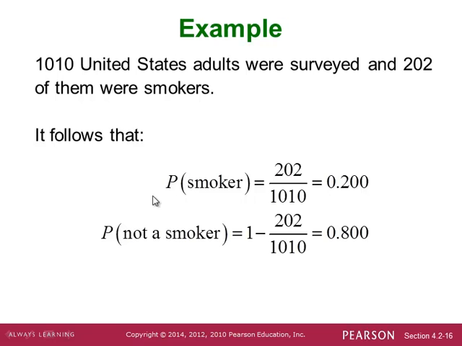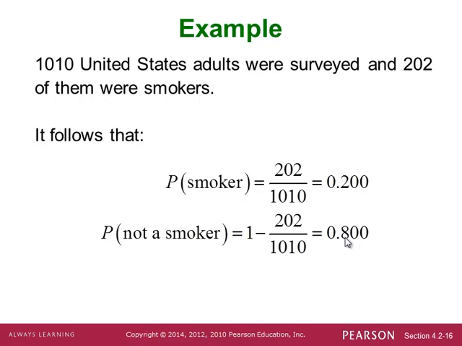So the probability of there not being a smoker, meaning if you were to randomly select someone from that sample, the probability that he or she is not a smoker is going to be 1 minus 0.2, which is 0.8. Because the probability of an event plus the probability of the complement of the event together must be equal to 1.